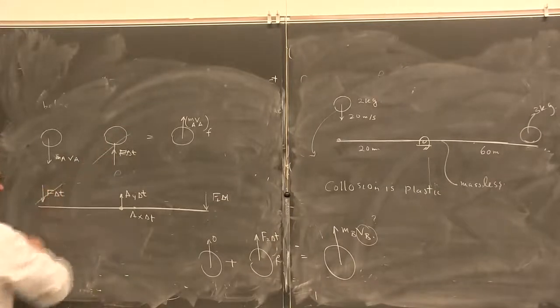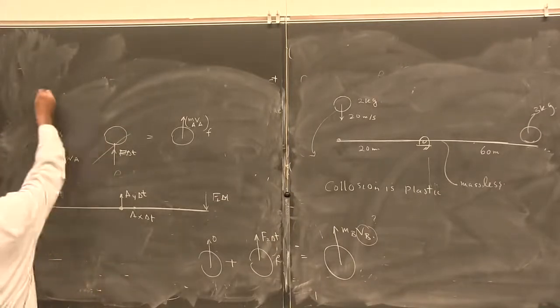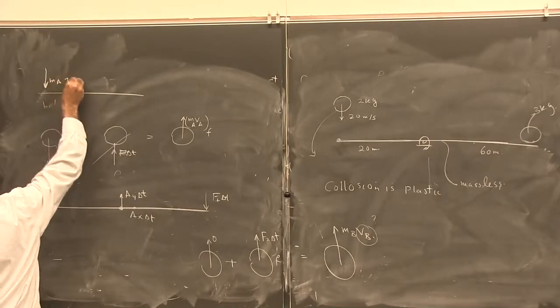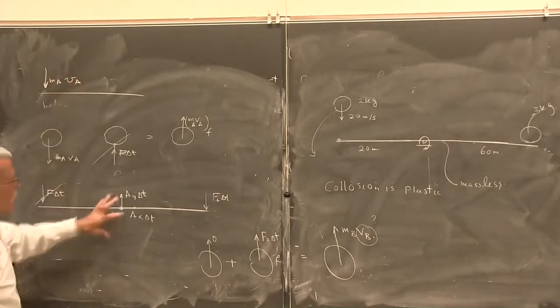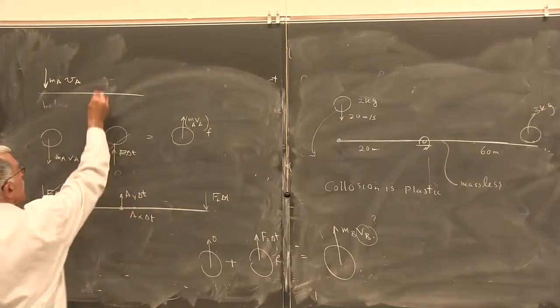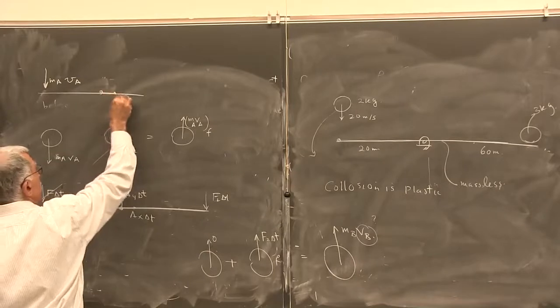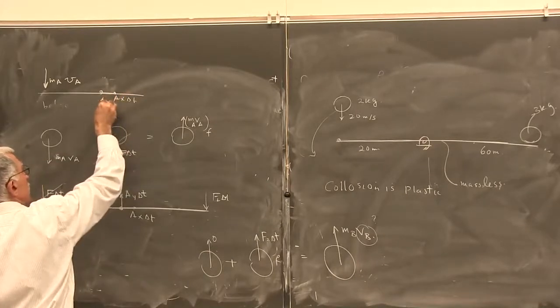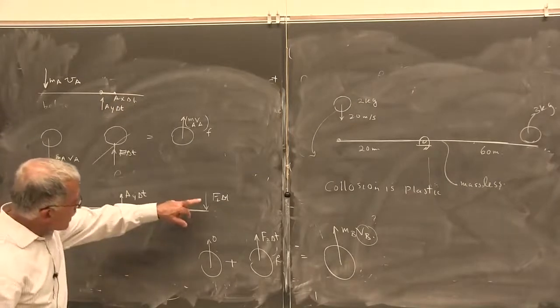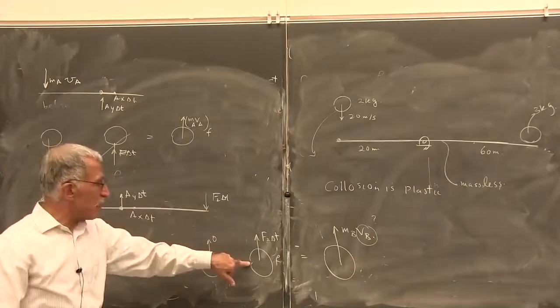This and this get eliminated. So the only thing that's left over is MA VA. AX delta T and AY delta T stay there. And if I put this picture with this picture, it also gets eliminated.